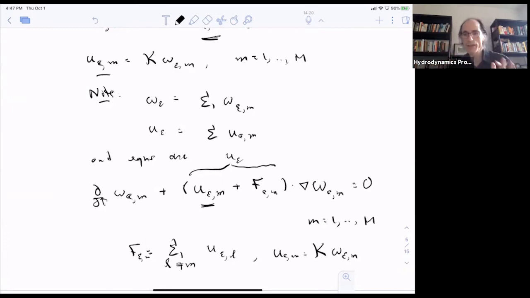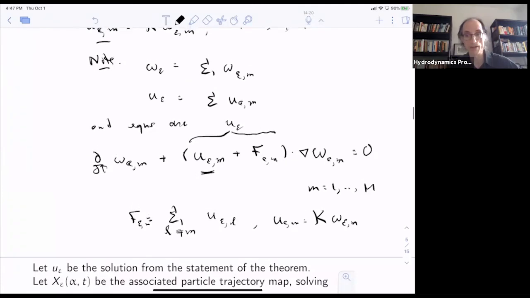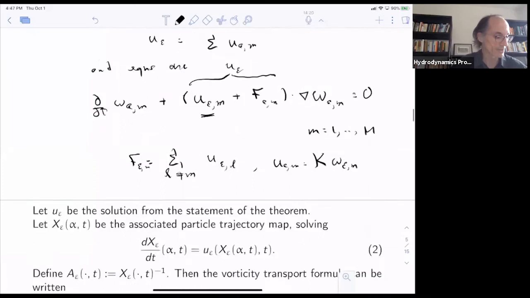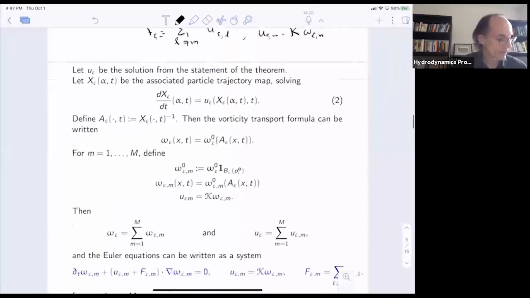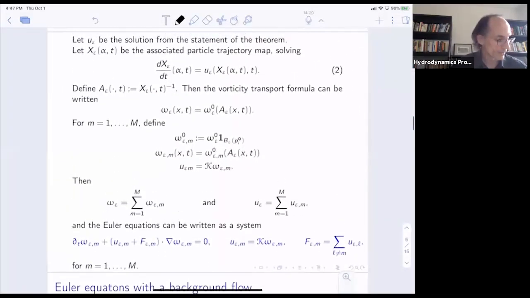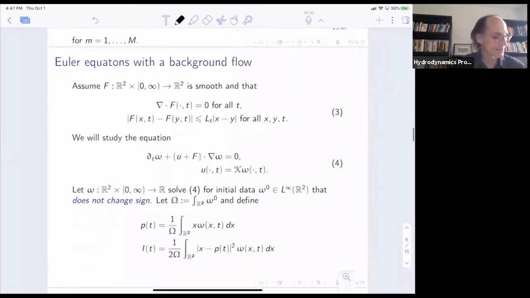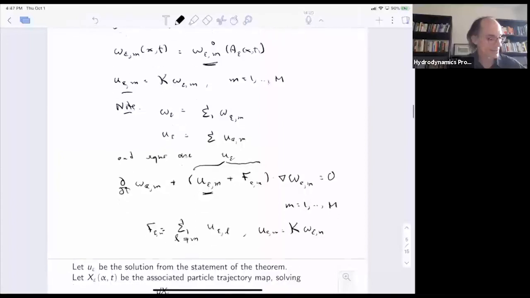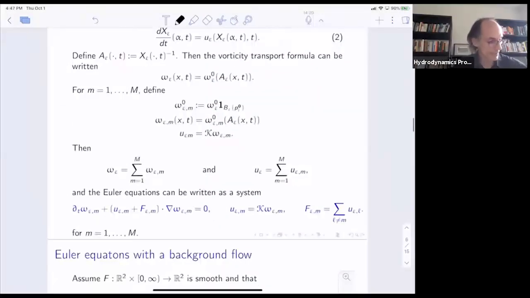And so the way we want to think about this is, I'd like to forget the structure of this f epsilon m and just view this as some given external vector field. Okay, I think all this is down here. And so anyway, here's the equation again.